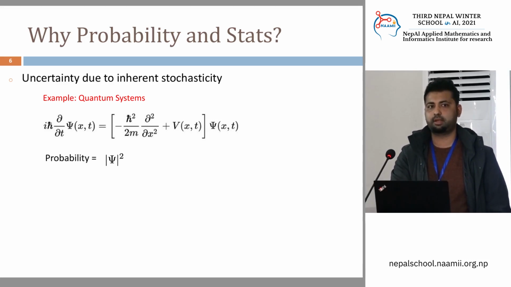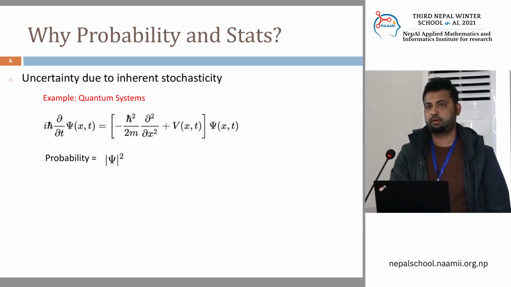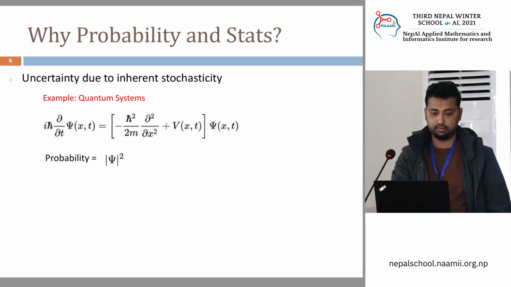Things do not happen in a deterministic way as opposed to what we are familiar with in day-to-day life. In such scenarios, we need a mathematical tool to study the uncertainty. And here this psi square gives us a probability density of an object in space and time.